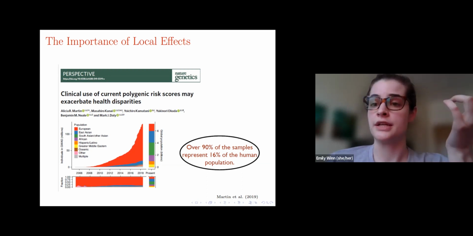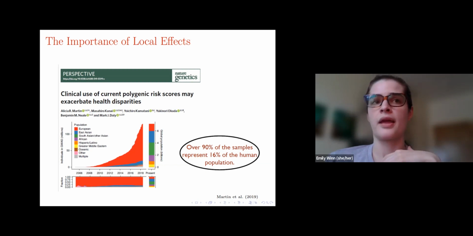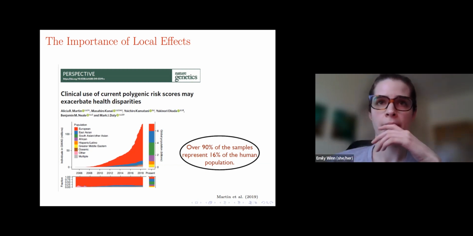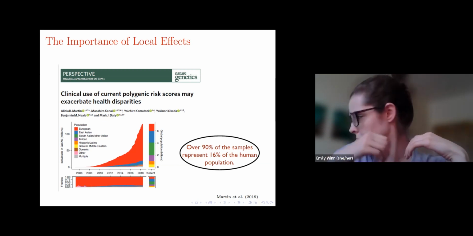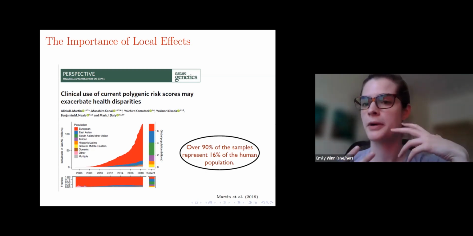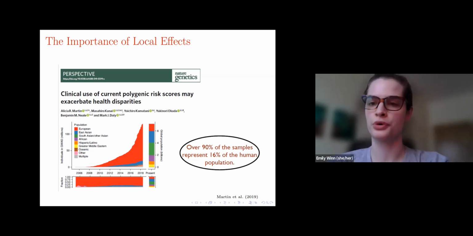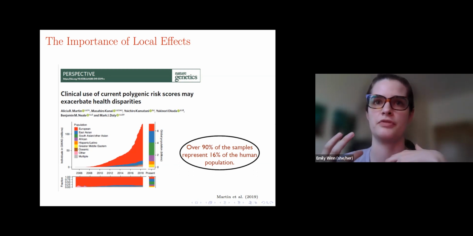And this is a wild statistic from the paper. Over 90% of samples in GWAS studies represent 16% of the human population. And this is awful because we're trying to use this information for medical treatment and for medicinal purposes, but it's skewed towards one continent's population. And that's a problem because that means we can miss a lot of genetic variation and a lot of information.